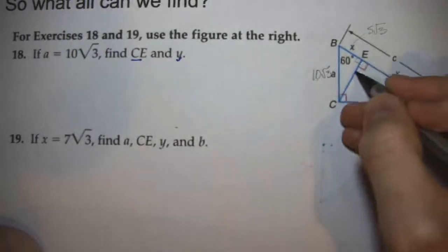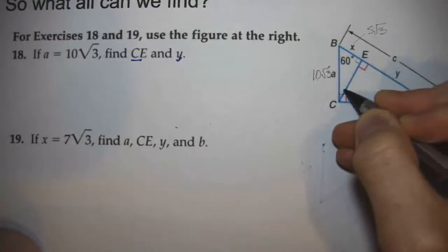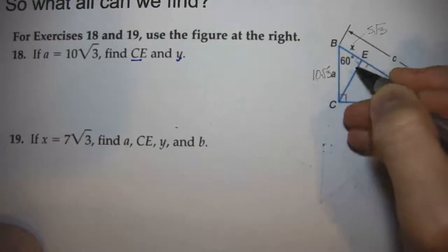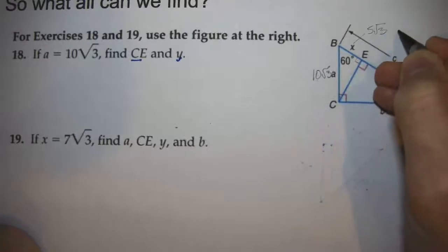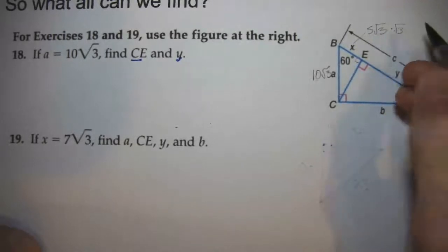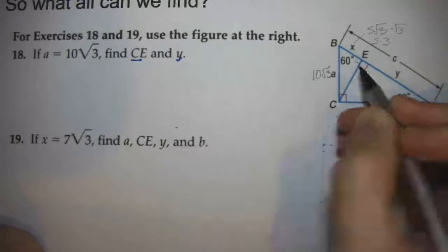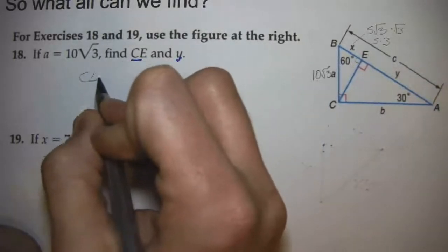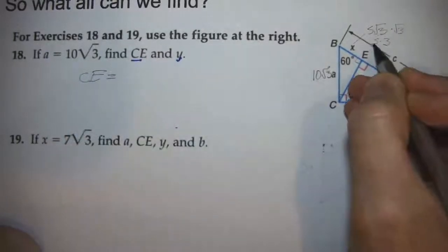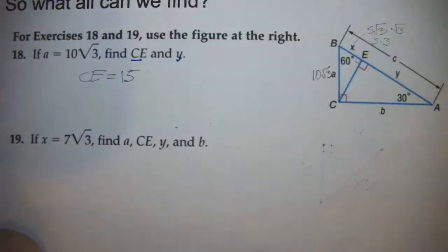CE, notice, is that other side. It's opposite that 60-degree angle. And we said in order to take the short side to get to this other side, we would just multiply it by radical 3. Radical 3 multiplied by radical 3 is 3. So this CE is 5 times 3, or 15 units, whatever we're measuring in, whether it's inches or miles, we don't care.